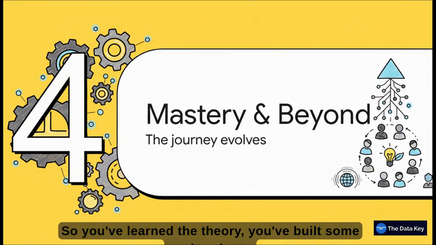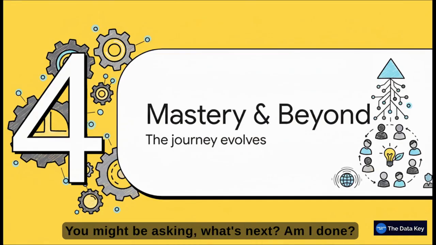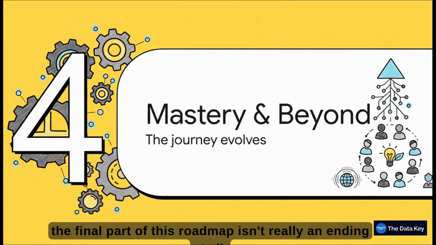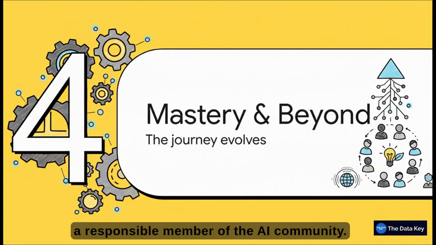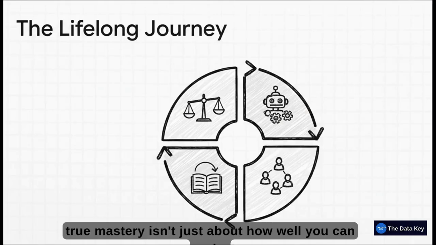So you've learned the theory, you've built some cool projects. You might be asking, what's next? Am I done? Well, the final part of this roadmap isn't really an ending at all. It's about how you evolve, how you become a true practitioner, and, just as importantly, a responsible member of the AI community. You see, true mastery isn't just about how well you can code.